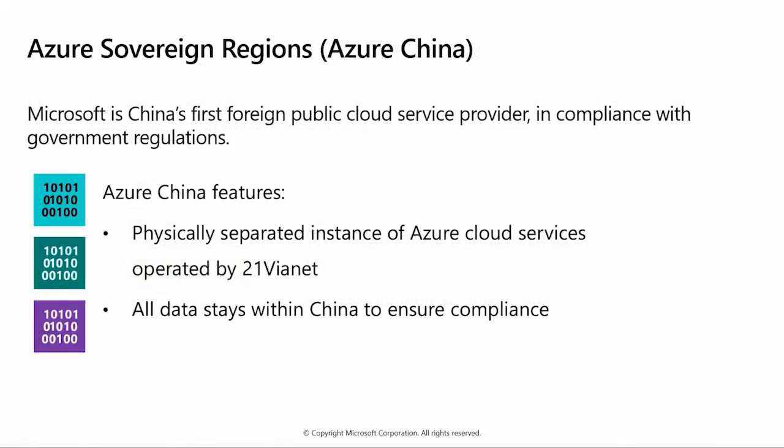Because China has their own data residency requirements, their own compliance requirements, one of that is that in order to have Azure cloud services, it has to be operated through 21Vianet. And so again, this is all physically separated from the rest of Azure, and it's operated through 21Vianet. And this ensures that all the data stays within China and meets all their data compliance regulations as well as data residency.